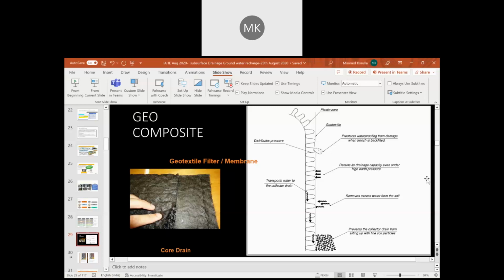You may ask where the pressure will come from. We can take situation by situation and understand how the pressure will come on different drainage elements.